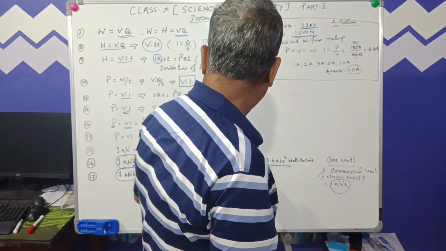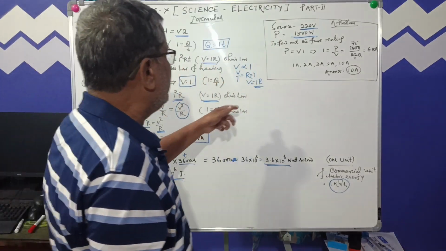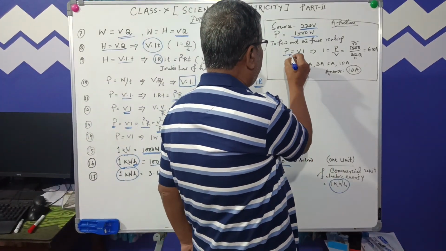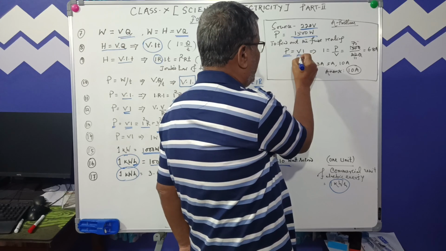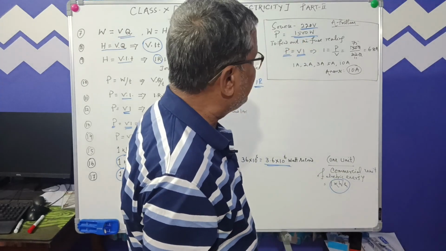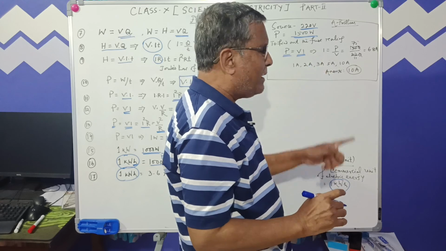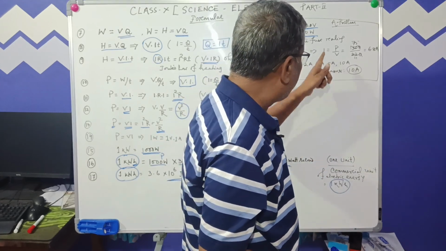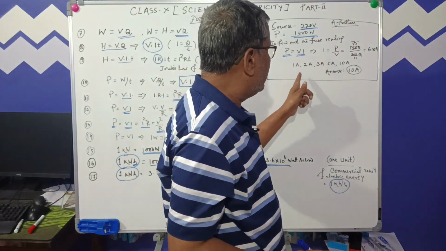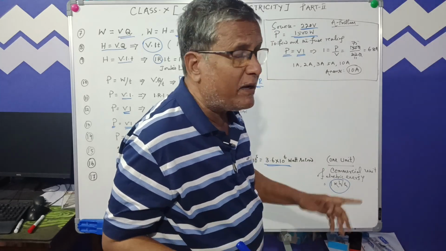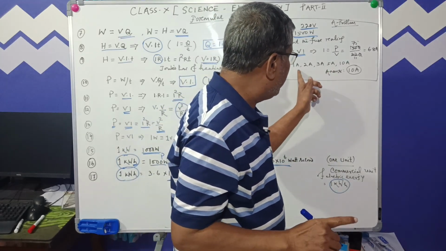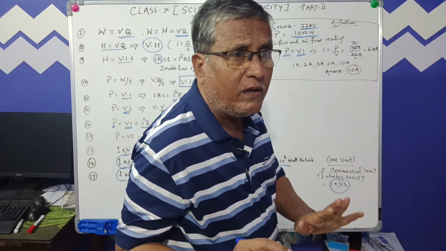Now you see, simply apply this formula, P is equal to VI, where P is the power, V is in volt and current in ampere. By transposition, we have to find out the current, because fuse wires of different amperes are available in the market.